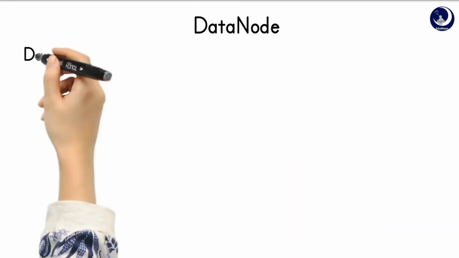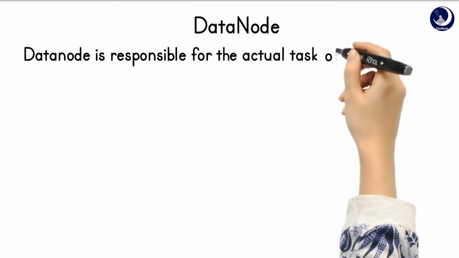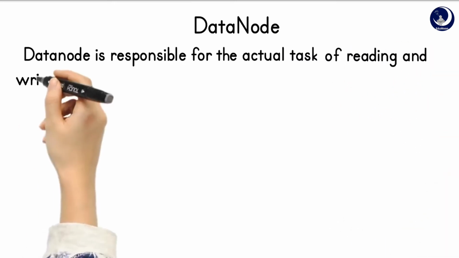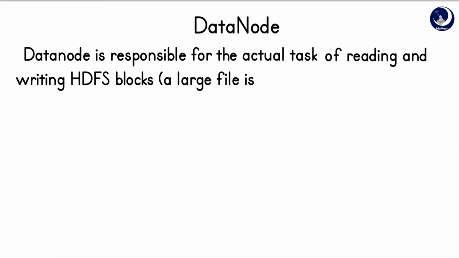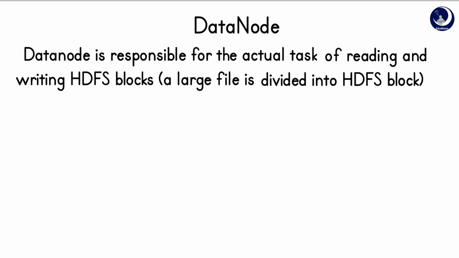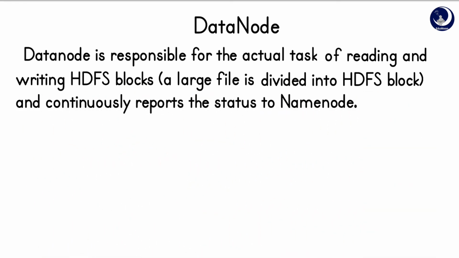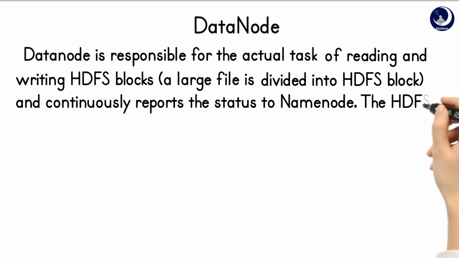The data node is responsible for the actual task of reading and writing HDFS blocks. An HDFS block indicates each individual part that is divided from a large file, and the data node continuously reports the status to the name node. The HDFS cluster contains multiple data nodes.